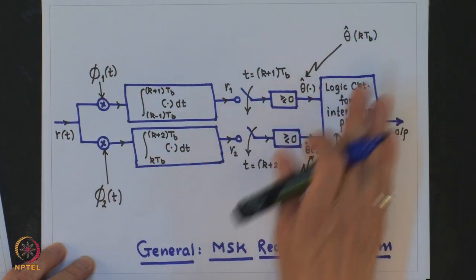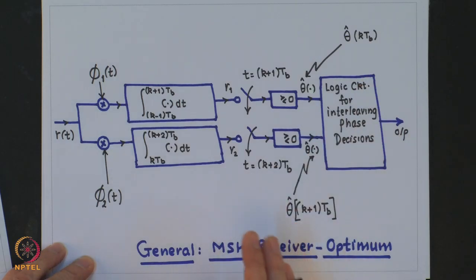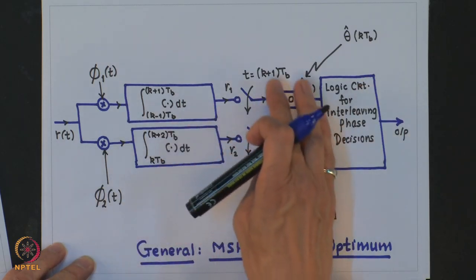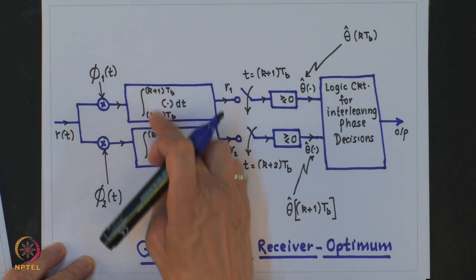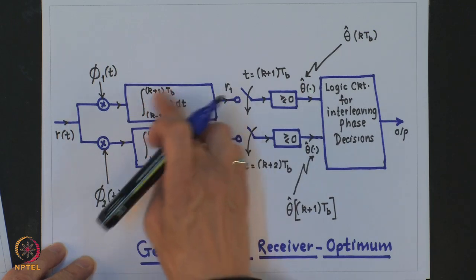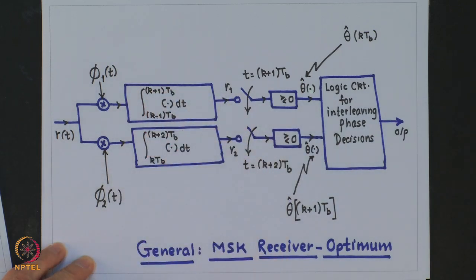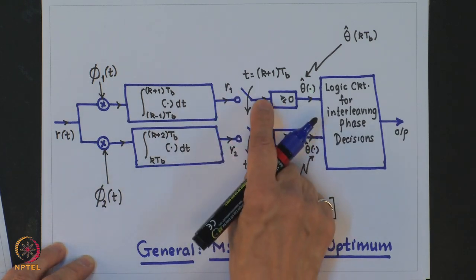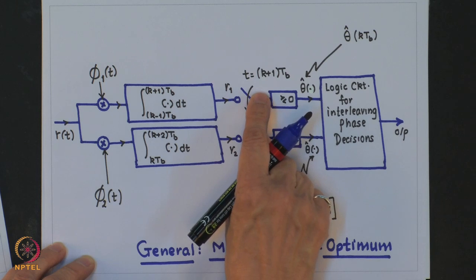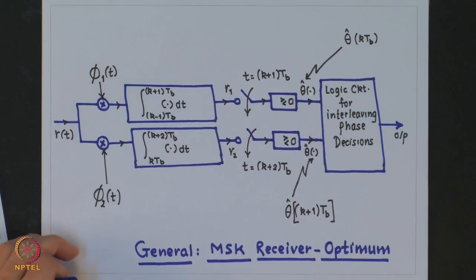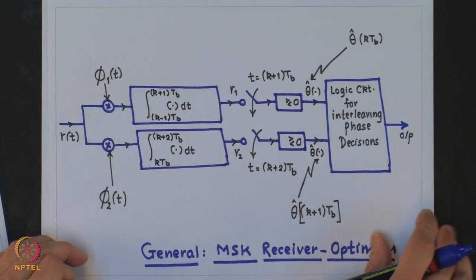It is exactly the same except that this is for any general interval. So this R1 and R2 should be the sampled version. Now, let us calculate the probability of error for this optimum receiver.